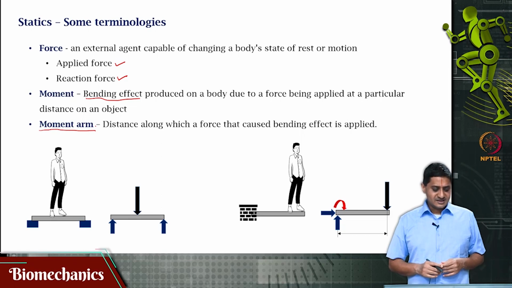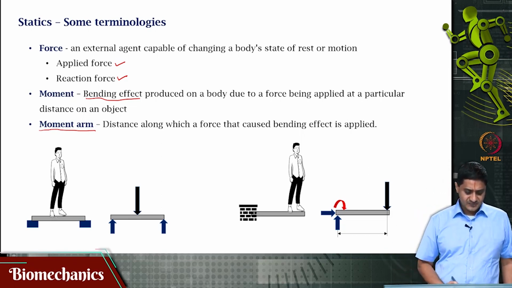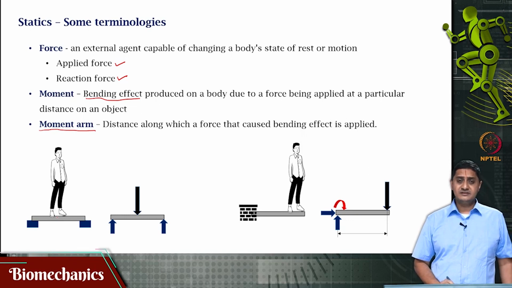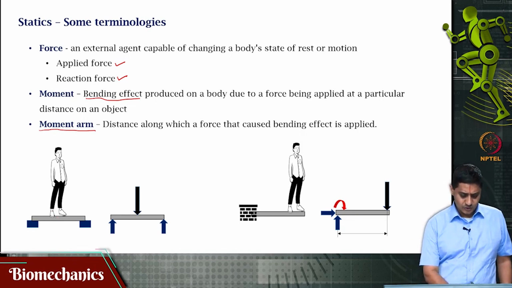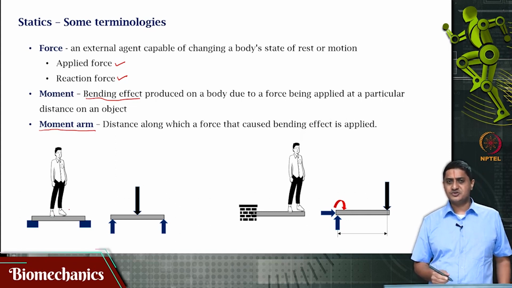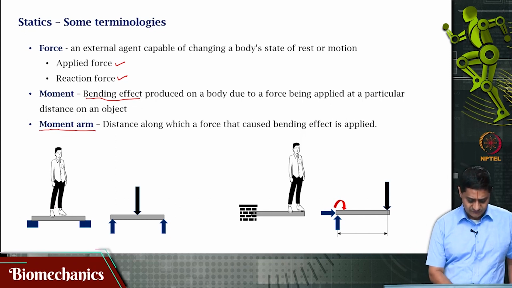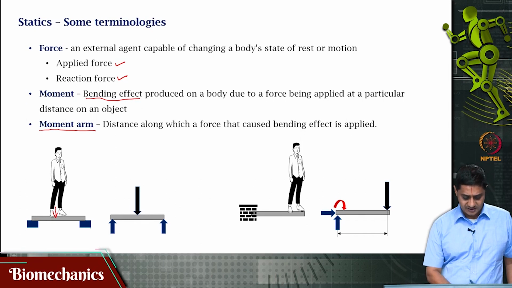Now, let us take a simple case of this person who is standing quietly. We will assume that the total weight is acting through a single point. This is actually a simplification, but for the purpose of this class we can assume that his weight is acting through a single point. So, there is a plank and there are 2 bricks.